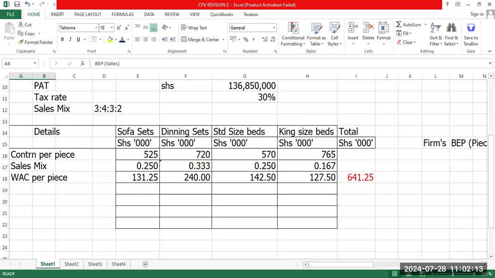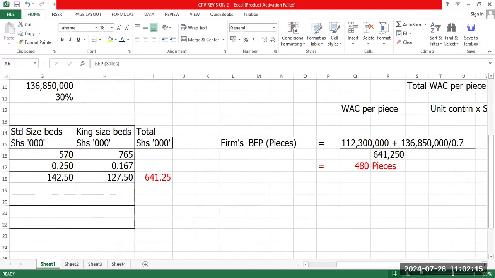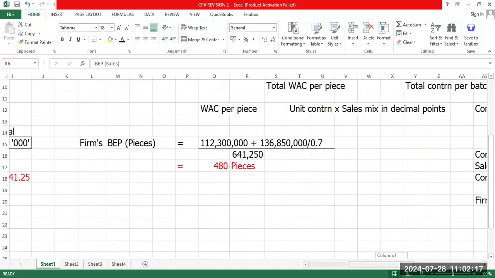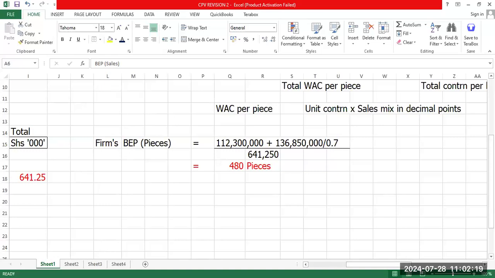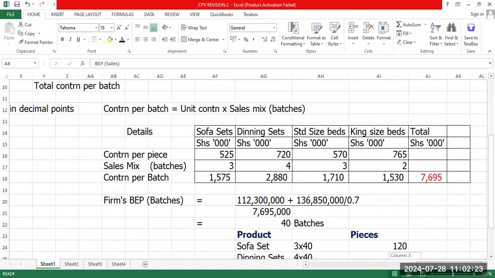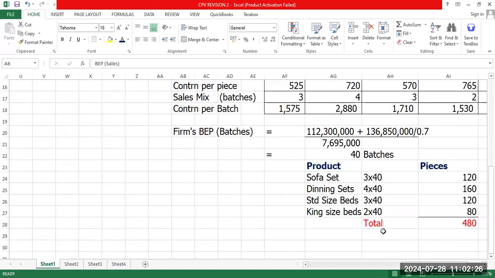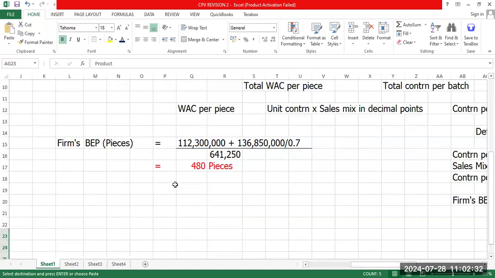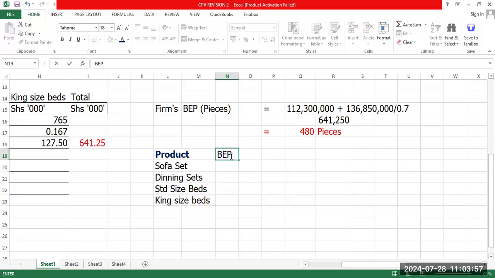So what we are going to do, let me copy this. Break-even point in pieces.